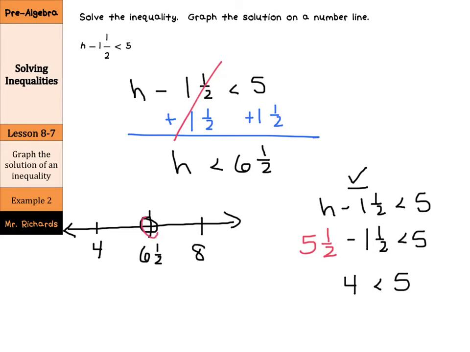If we have the open circle at 6.5, ask yourself now, is 4 less than 6.5? Yes. Is 8 less than 6.5? No. So we're going to draw in our inequality towards the side that is true. Now, we picked 5.5 for our check step. Does that fit in here? Yeah, it's right around there.